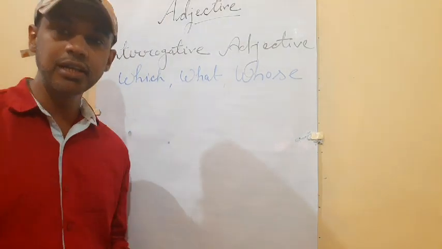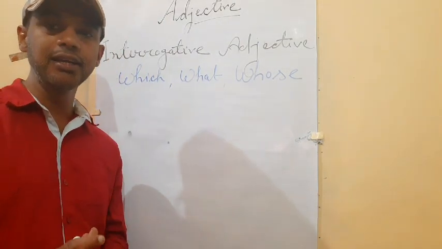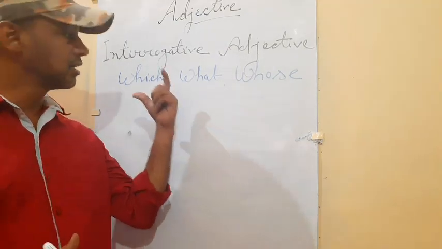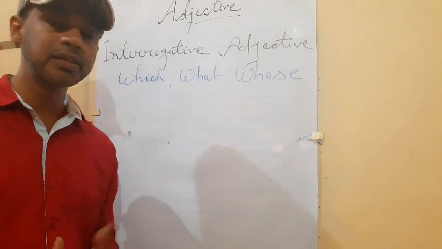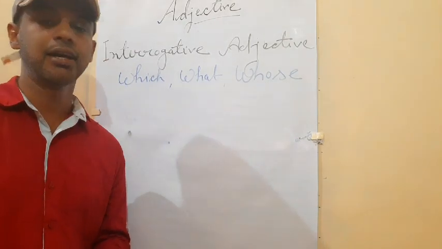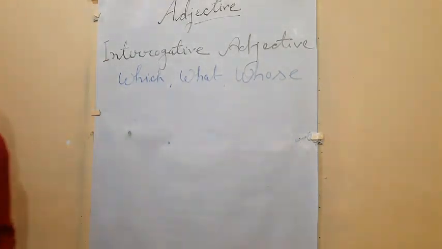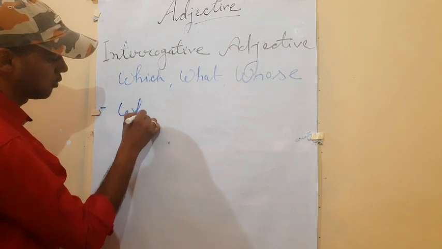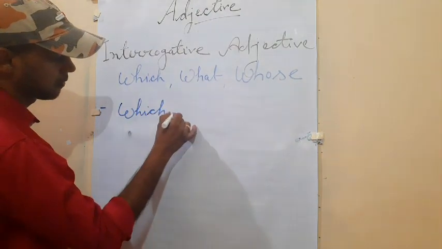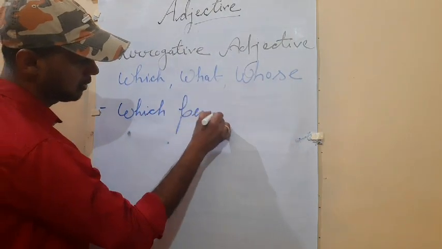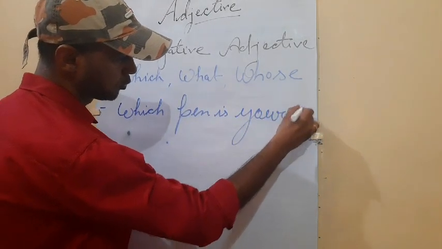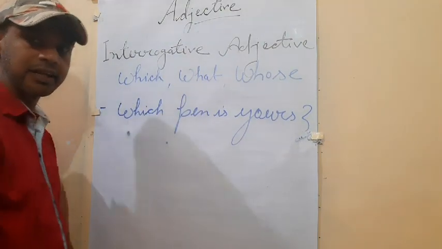But the difference is that you have to write a noun right after. Understand? Then these words will be considered as interrogative adjectives. For example, if I say here, which pen is yours? Which pen is yours?